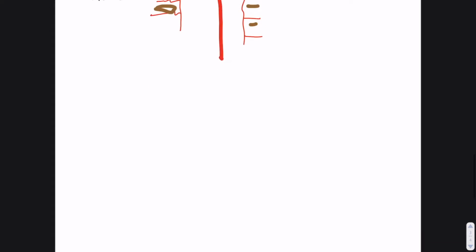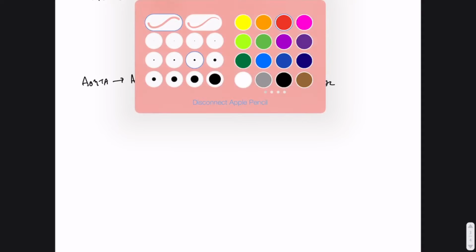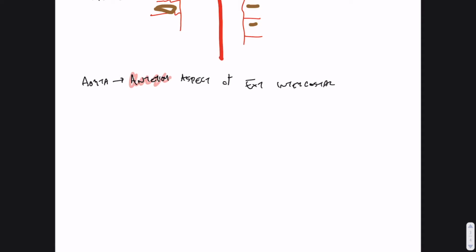So let's do a trace. We're going to take blood from the aorta, and we're going to go to the anterior aspect of the external intercostal muscle. All right, so the keywords here: anterior and external intercostal.